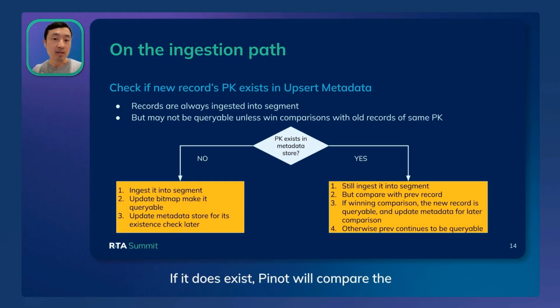If it does exist, Pinot will compare the incoming record with the existing one based on some comparison columns, which usually is the table's time column, which means the most recent record will win the comparison. And if the incoming record actually lost the comparison, it still gets ingested, but it's just marked as invalid, so it's not visible to the queries.